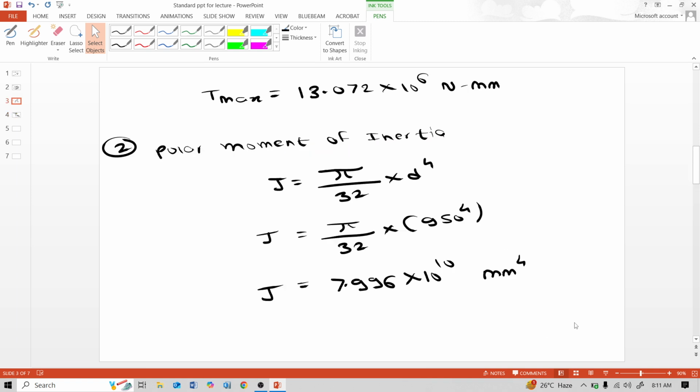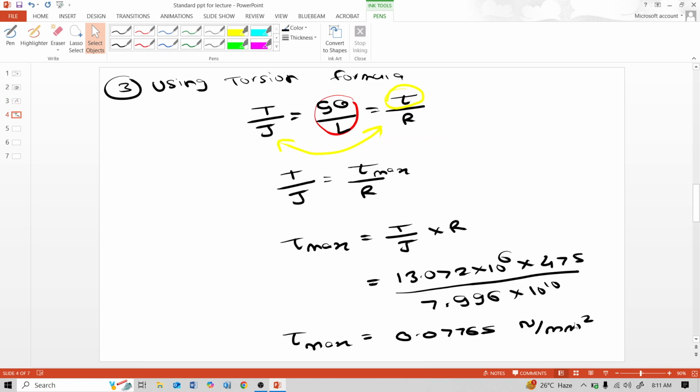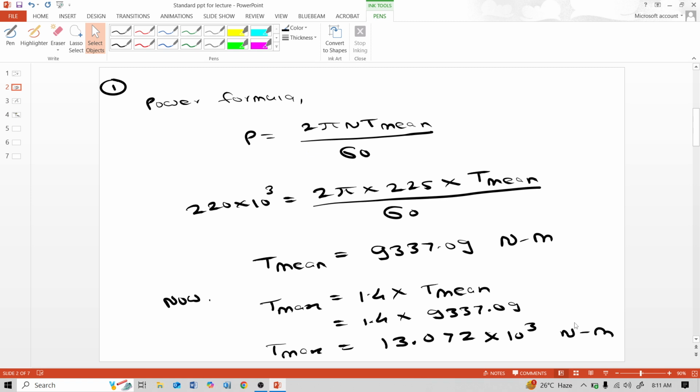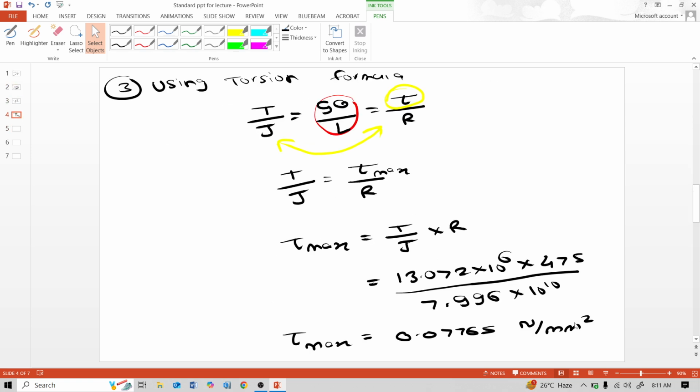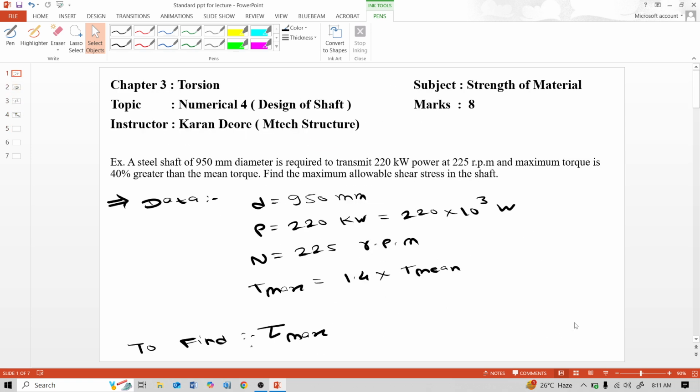This polar moment of inertia is required in the torsion formula, and by using the power formula we found the torque. So this is the solving methodology of these numericals.